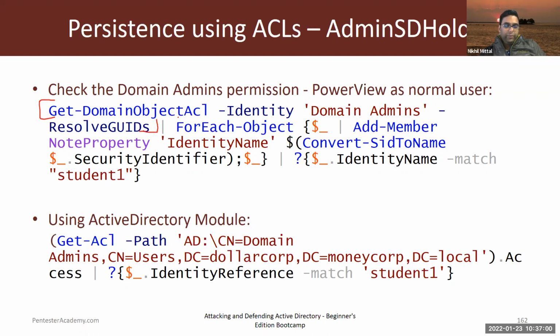Now, because Get-DomainObjectAcl does not resolve identity names, we add an identity name, that is the security identifier. Whatever security identifier is returned by this command, we convert to a human readable name and then filter it for student1. That is what we are doing.